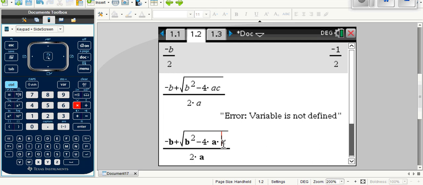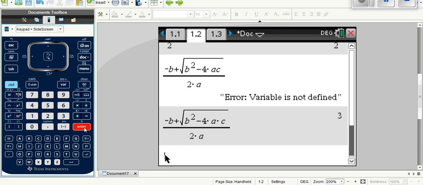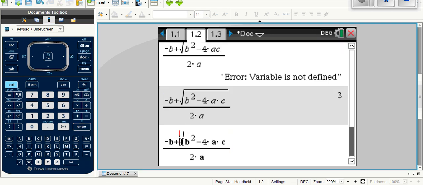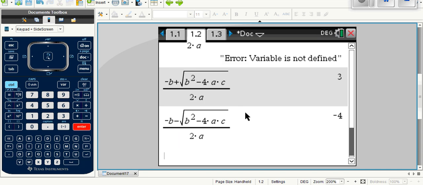I didn't like the fact that I didn't put it times. These have to be in boldface, so you're accessing the variables that you defined earlier. So that's 3. And if I change the sign to a negative, that's the other. So that's if I had to do it by hand. That's how I would do it, something like that.